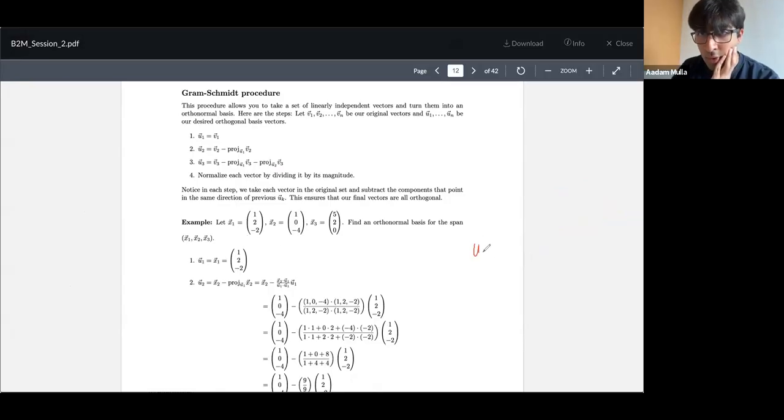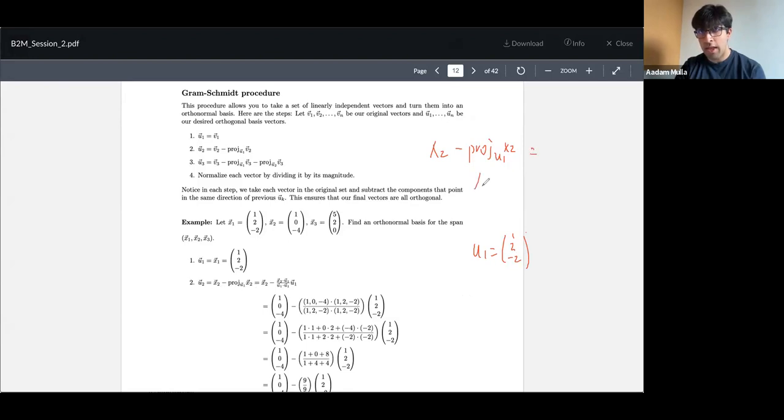Okay, so let's make space for our u1 is x1. Then u2 is x2 minus the projection of x2 onto u1. I'm going to skip writing the vector sign because it's going to annoy me, but these should all have vectors above them. So what is the projection of x2 onto u1?